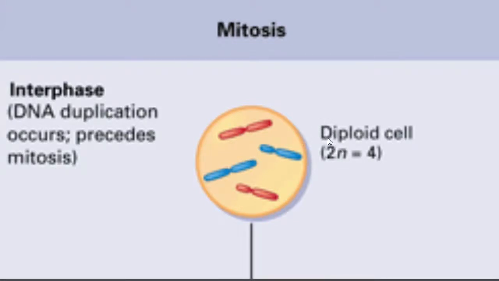It means it's got 2 of every chromosome. It's got the full number, those homologous pairs. Another way of writing that is 2n: 2 of each chromosome. And in this case, 2 of each means we've got 4 chromosomes. So this is what we're starting with in this type of cell.